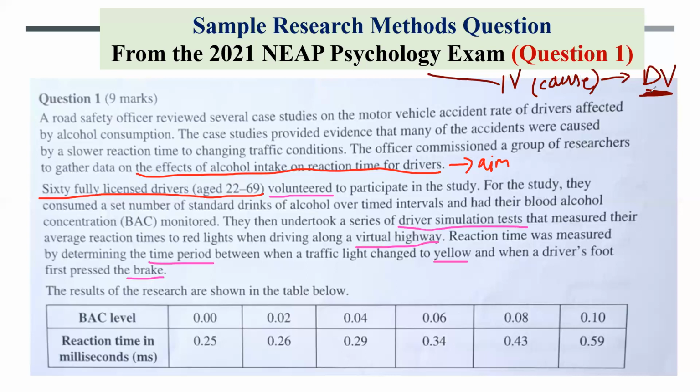Yep, the simple DV is reaction time. How are we measuring reaction time with reference to the actual study? Remember, we can measure the reaction time between me calling someone's name and someone looking up. That could be some way that we measure reaction time. But how was reaction time measured in this particular study, with reference to what two events?